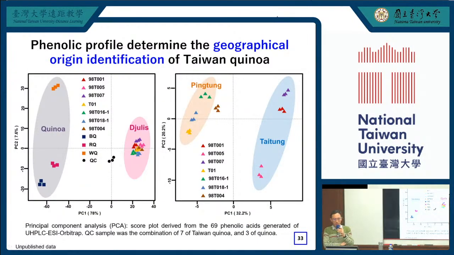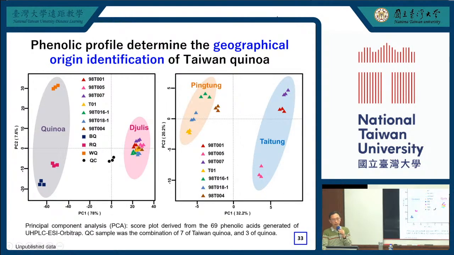So we can use the phenolic compound profile to determine geographical origin. In this PCA score plot, this one is Julius and this is quinoa. Using the phenolic compounds, we can differentiate quinoa from Julius. More important, within only the Julius samples, we can differentiate Julius grown in Taitung, in the east of Taiwan, from that grown in Pingtung, in the south of Taiwan.